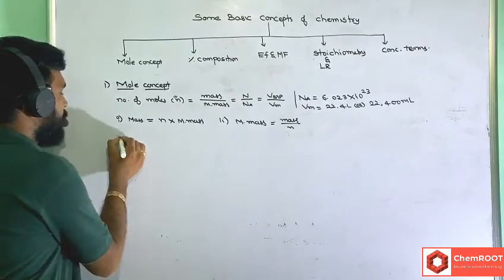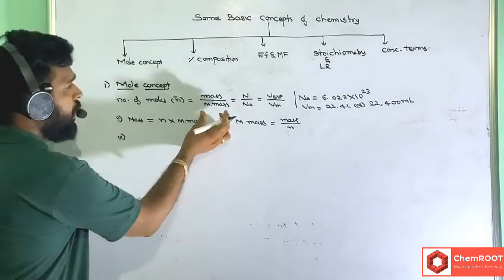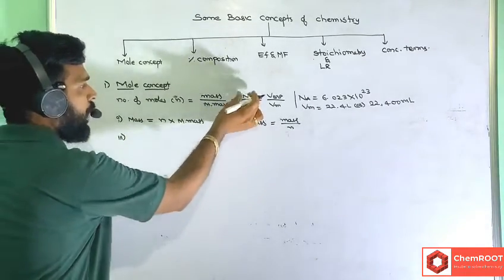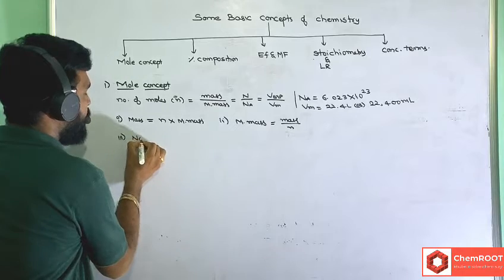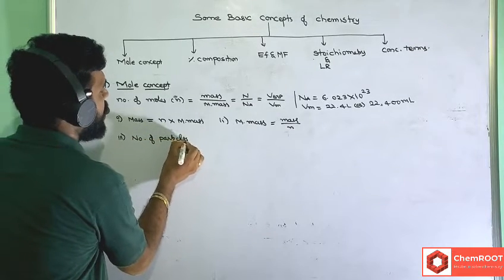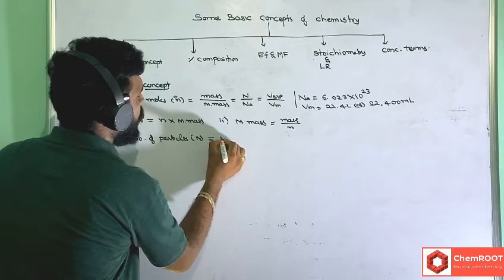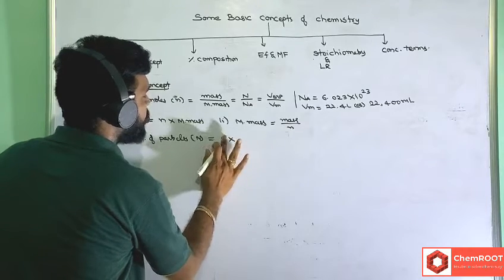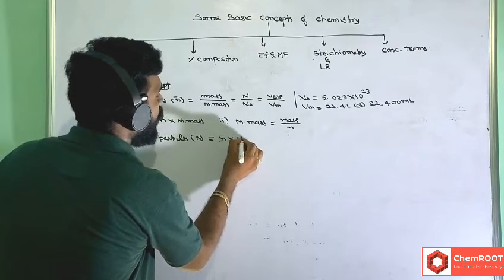Third, we are going to find the number of particles. Number of particles equals n into Avogadro number. Questions will come related to this. Number of molecules has the same formula, n into Avogadro number.